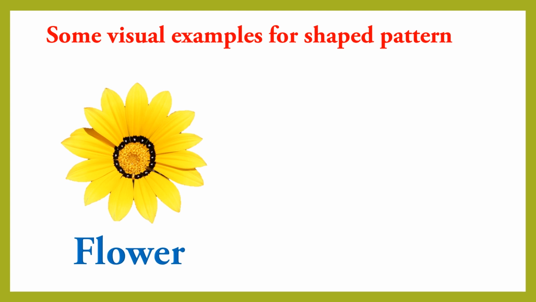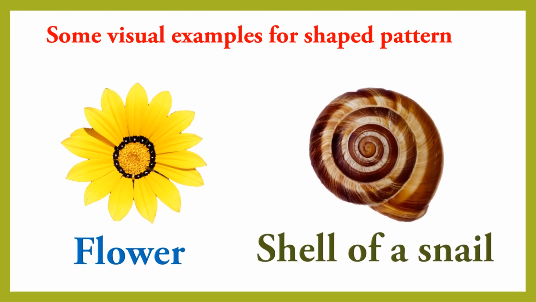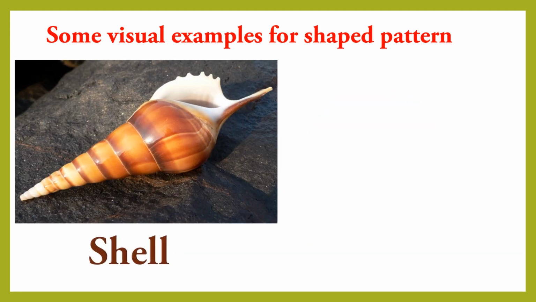Shell of a snail is an example for a spiral shaped pattern. When you observe the seashell, it looks like a spiral shape. So it is also an example for a spiral shaped pattern.